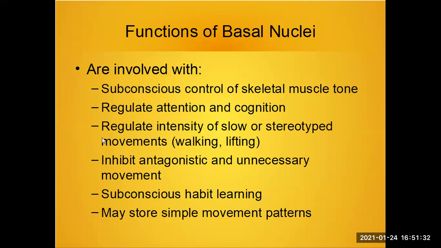Functions of basal nuclei are involved with subconscious control of skeletal muscle tone, regulate attention and cognition, regulate intensity of slow or stereotyped movements, walking, lifting, inhibit antagonistic and unnecessary movement, subconscious habit learning, may store simple movement patterns.